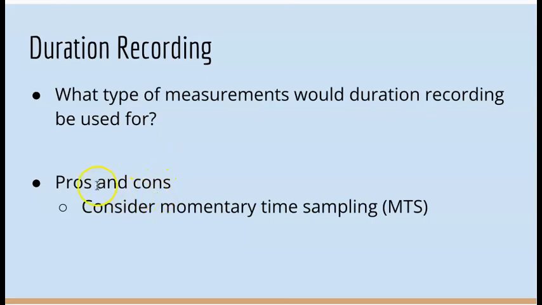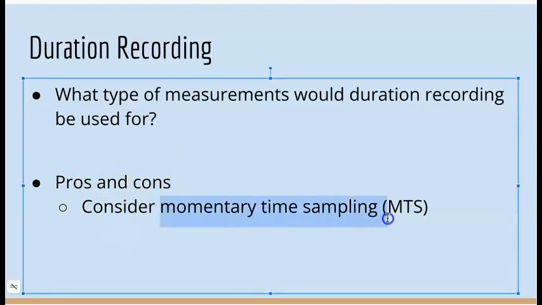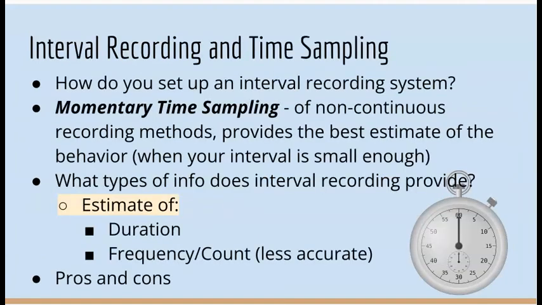So because it can be difficult to measure consistently, you might consider what's called momentary time sampling, and we will practice that as well. Momentary time sampling is an example of an interval recording or a time sampling measurement.